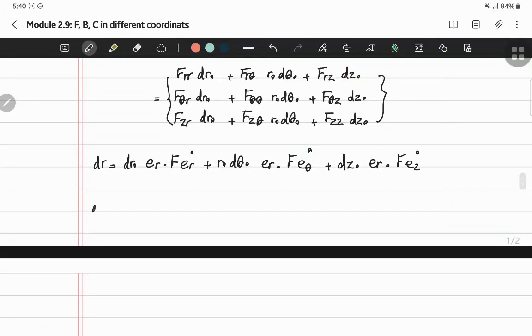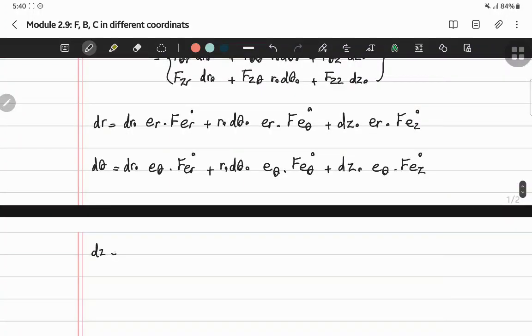Then we have d theta, which is equal to dr0 e_theta dot F e_R0 plus, then we have r0 d theta 0. Then we have e_theta dot F e_theta0 plus dz0. Then we have the first one is theta, and then we have F e_z0.